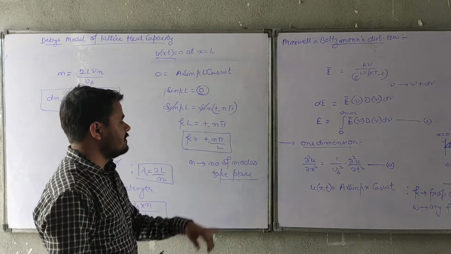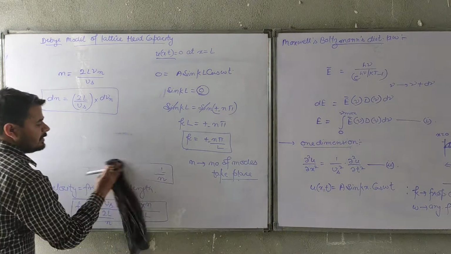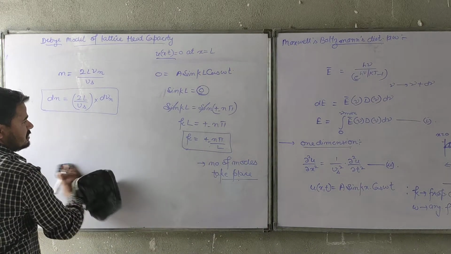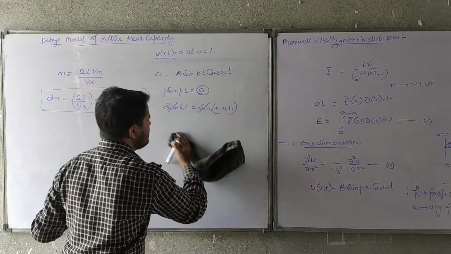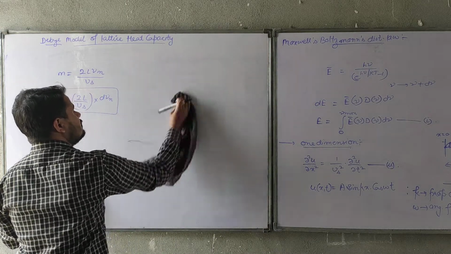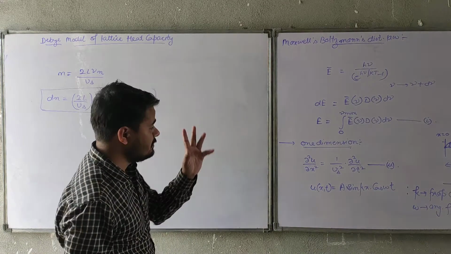Now we have simplified the one-dimensional case. Now I am taking the case of three-dimensional. In case of three-dimensional case, again same relations will be used, but now the wave has three-dimensional modes.